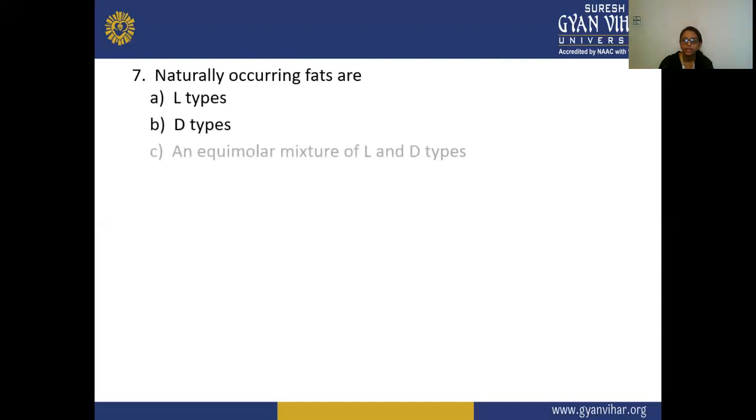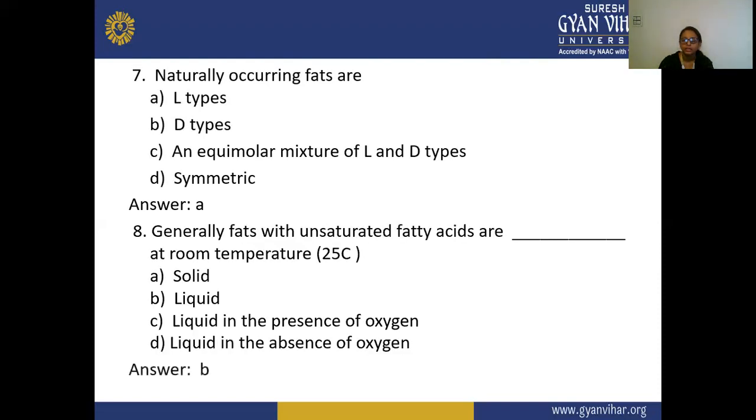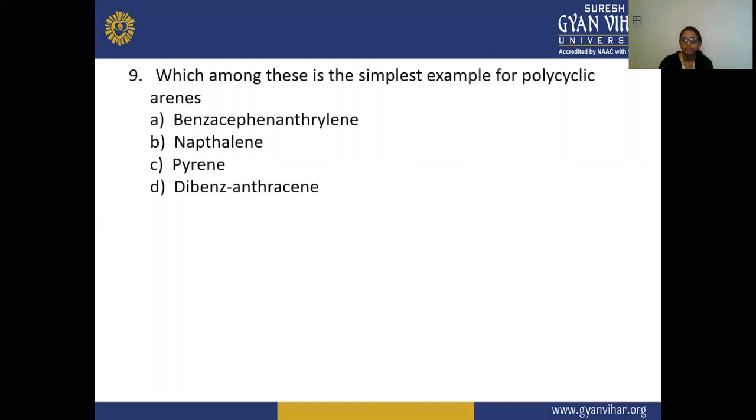Naturally occurring fats are L-type, and fats with unsaturated fatty acids are liquid. Which is the simplest example of polycyclic arenes? That is naphthalene. Arenes are polar, true or false? That is false.